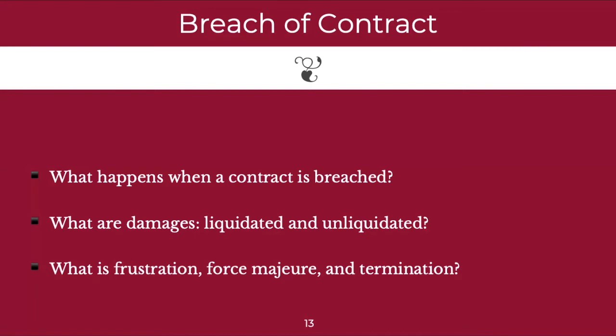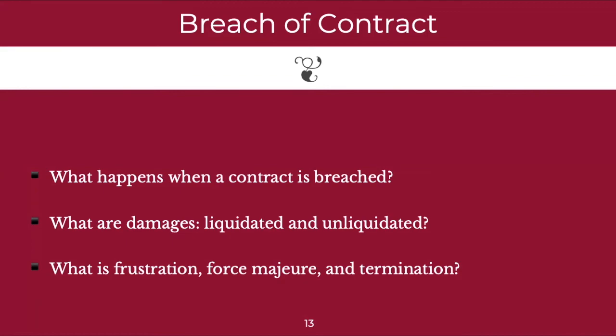For example, if I enter into a contract with a person in another country for them to deliver some goods to me, and after I've entered into this contract, both the countries declare war with each other and the borders are closed. This would amount to an event which changes the circumstances, and hence the contract can be said to be impossible to be performed, and hence the contract ends by way of frustration.